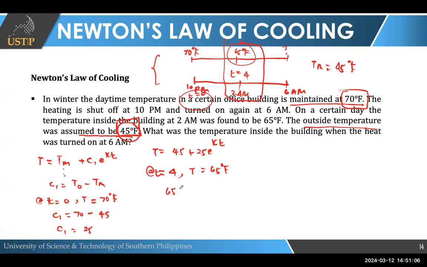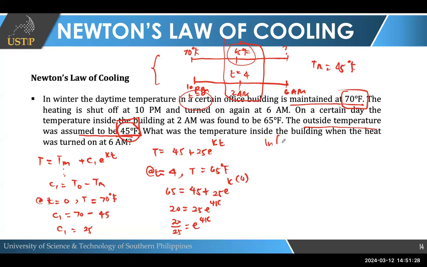Okay, so that is 65 is equal to 45 plus 25 e to the k times 4. Okay? So 65 minus 45 will have 20 is equal to 25 e to the 4k. So 20 over 25 equals e to the 4k.